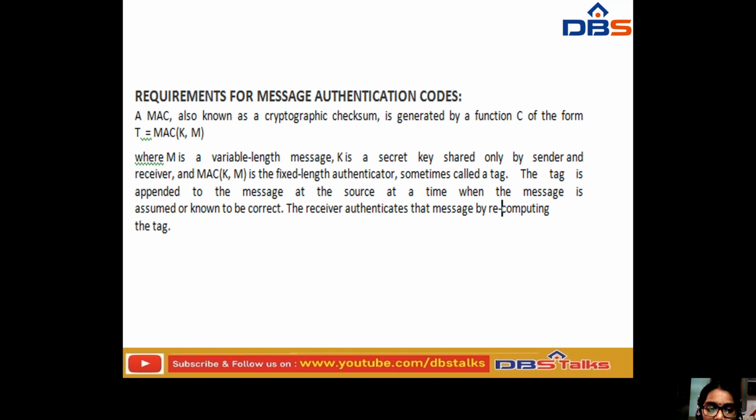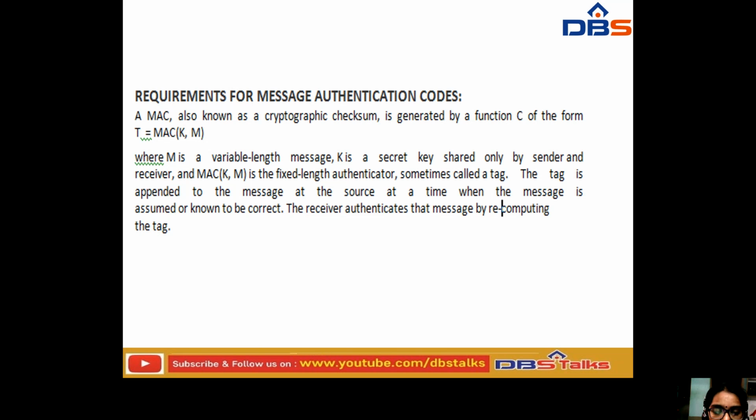Now let us see. A message authentication code is also known as a cryptographic checksum, and it is generated by a function C to form the message authentication code MAC(K, M). We can represent it with the letter T. K is a key and M is the message.